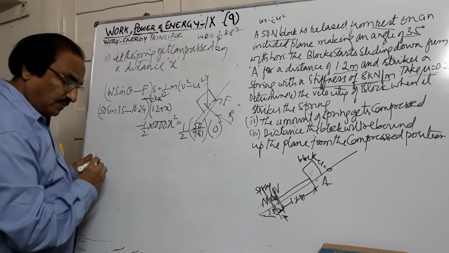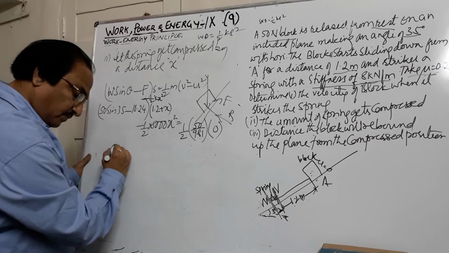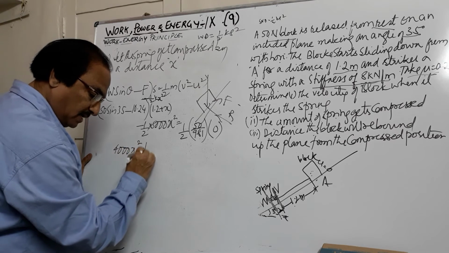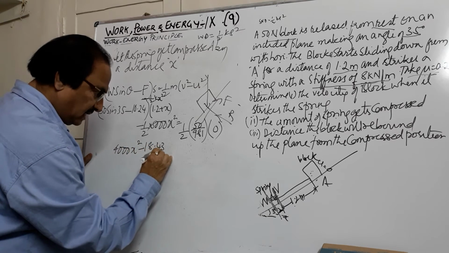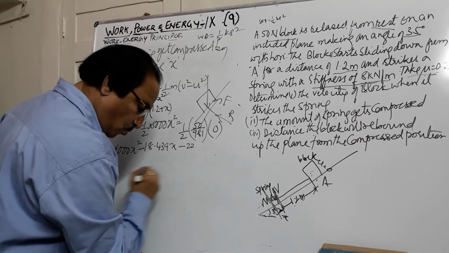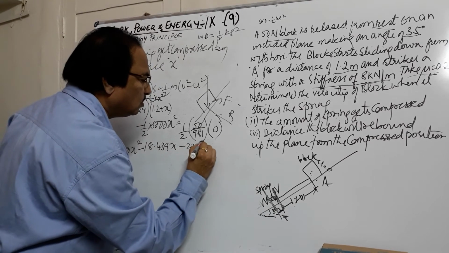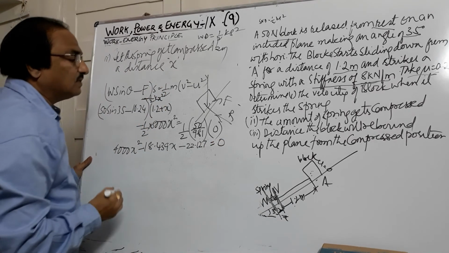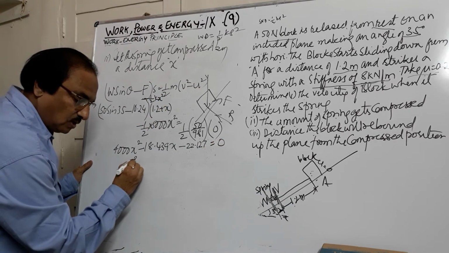So here if you simplify this, you get 4000 x square minus 18.439 x minus 22.127 is equal to 0. You get a quadratic equation. You will have to simplify this quadratic equation.